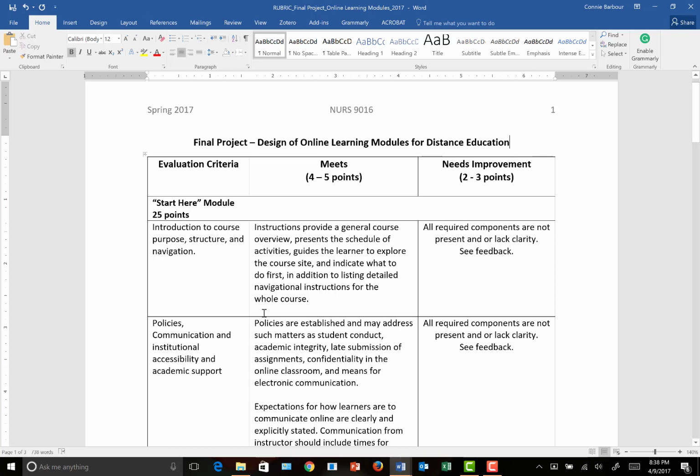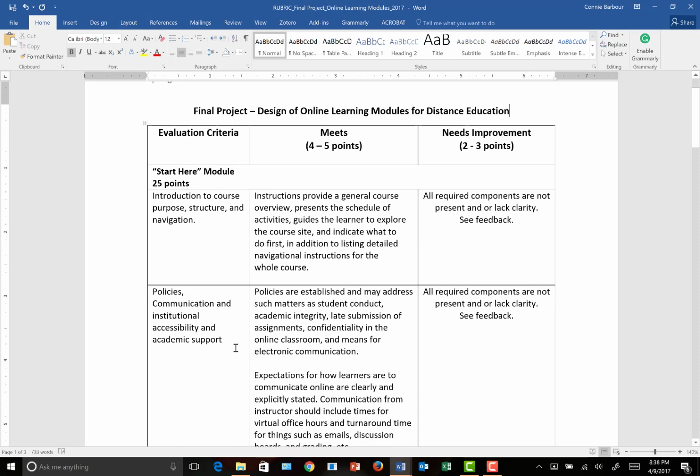You do need to address policies in the Start Here module. A lot of people address not only policies that are in your syllabus, but also the institution's policies regarding communication and academic honesty. You want to provide links.